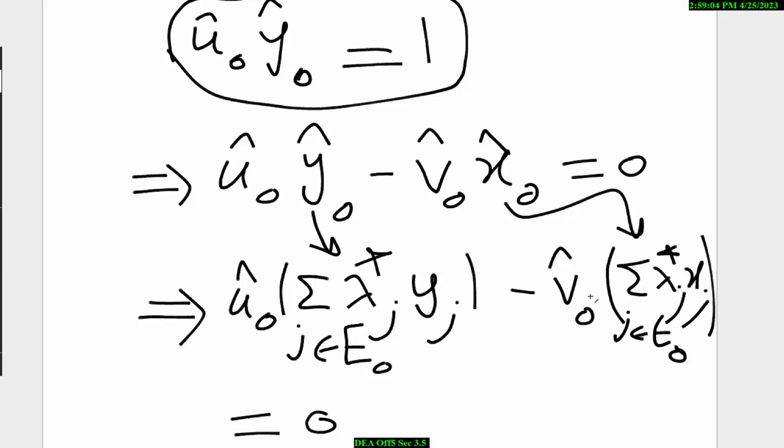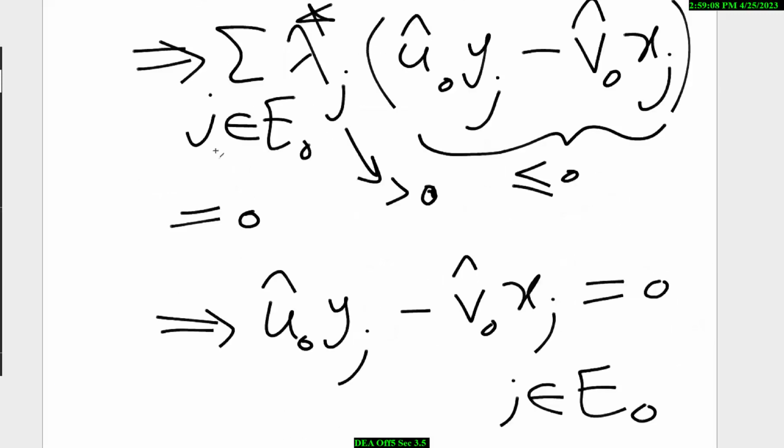We have this relation, and by writing in another way we have this. But note that the lambda j star for j belongs to E of O was strictly positive. From the constraints also we have all of these less than or equal to 0.